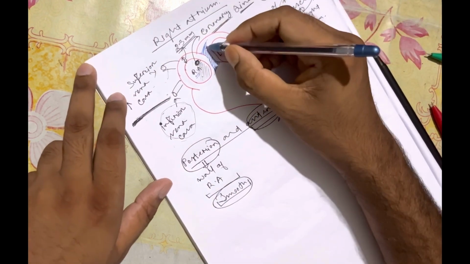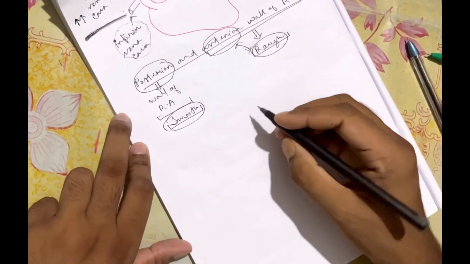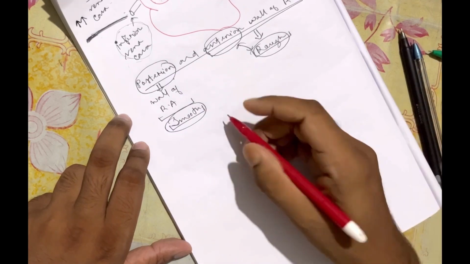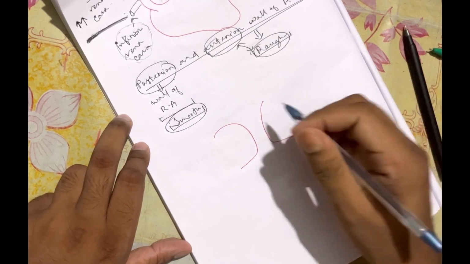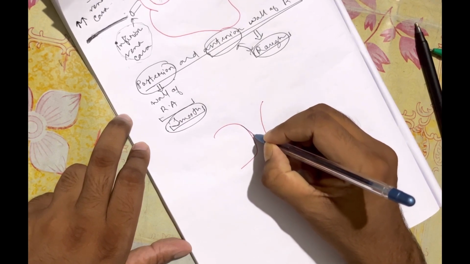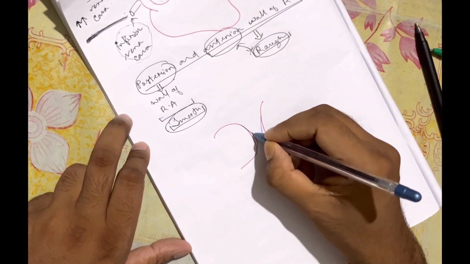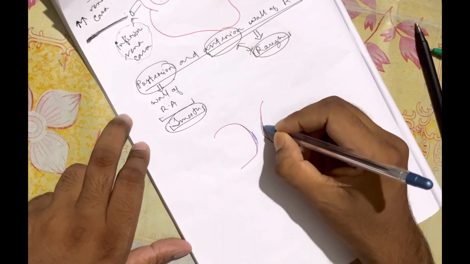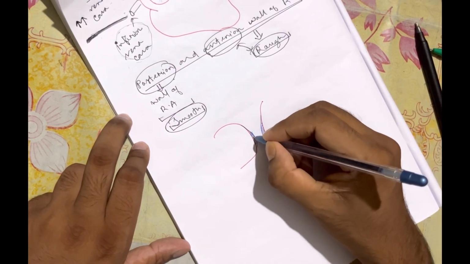If we go a little deeper into the anatomical structure of that septum, we can find that in the interatrial septum there is a depression over here.